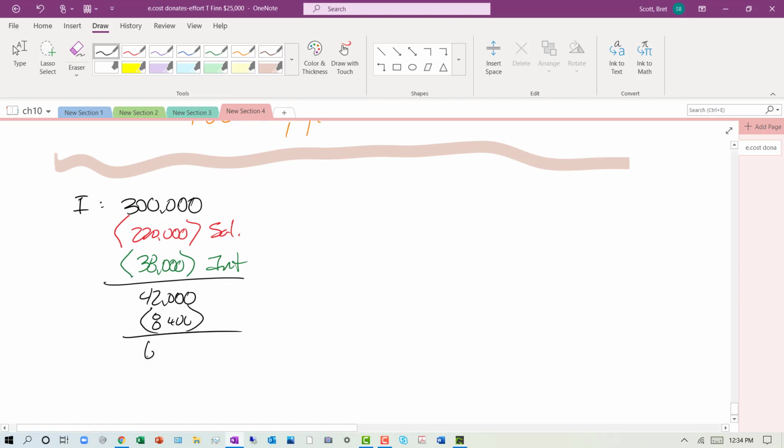We're left with 33,600. Now, we might look at that and say, uh-oh, the remaining balance might be a bit too low or lower than we had actually budgeted for.